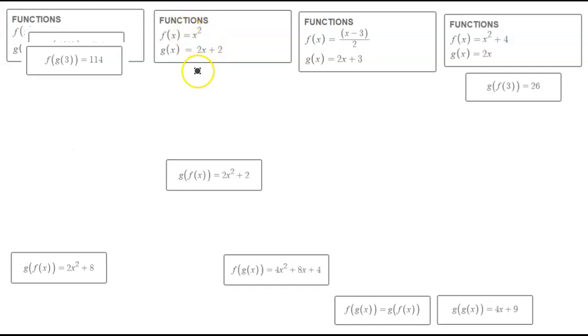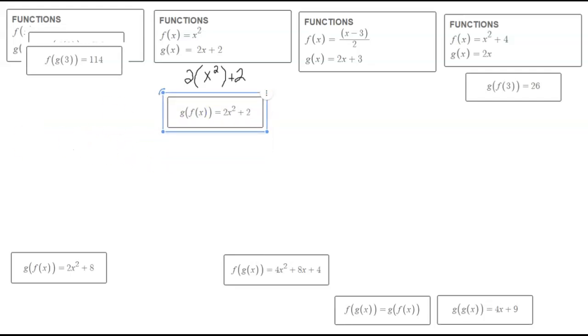But if I plug f of x into g of x in this function, here's what it looks like: 2 times x squared plus 2. So I took that f of x function and plugged it into the g of x function, which ends up matching this. So we're getting down on our cards here.